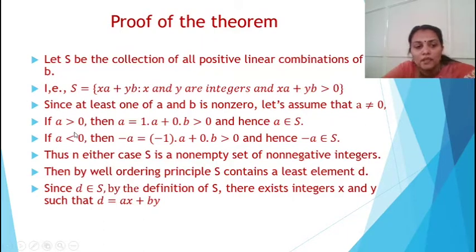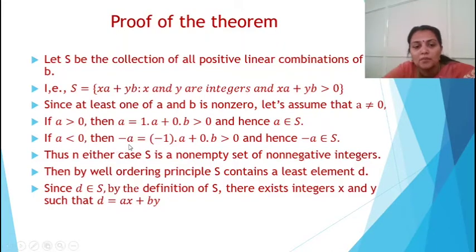If A is greater than 0, then A can be written as 1 into A plus 0 into B, which is greater than 0. Hence A is an element of S. If A is less than 0, that is A is negative, then minus A is positive.